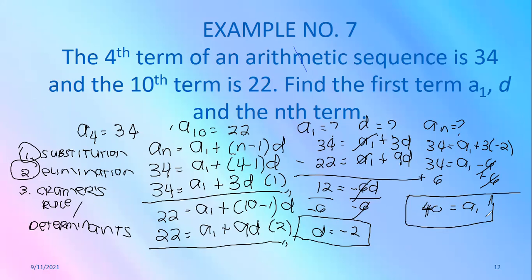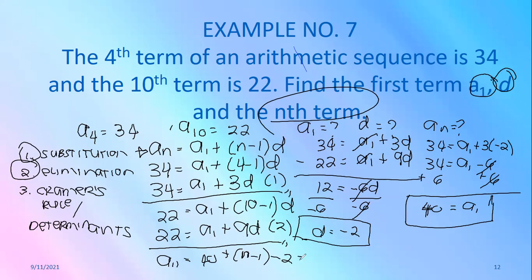So we already have our common difference and our first term, and we're looking for the nth term. To find the nth term, just substitute your a sub 1. We will use this formula again. Your a sub 1 is 40 plus n minus 1 multiplied by negative 2.